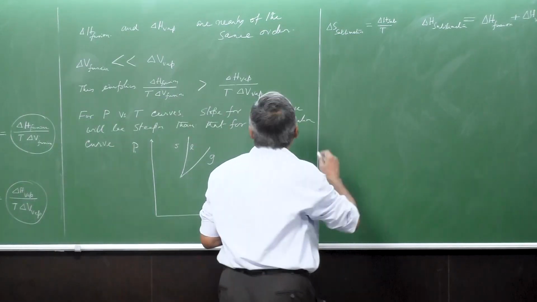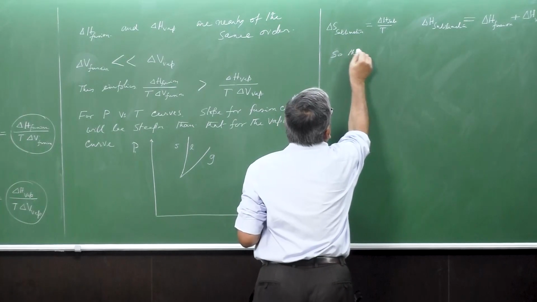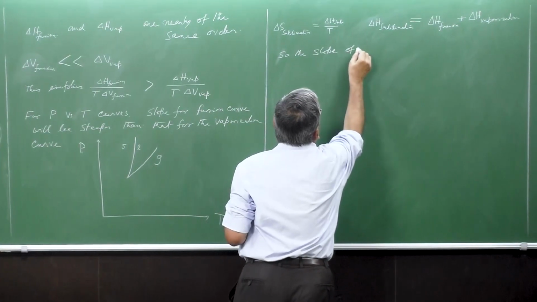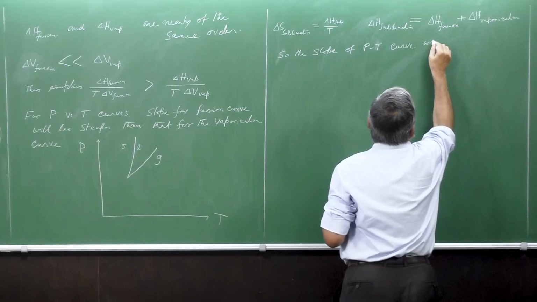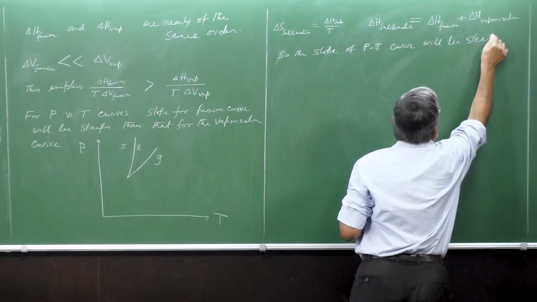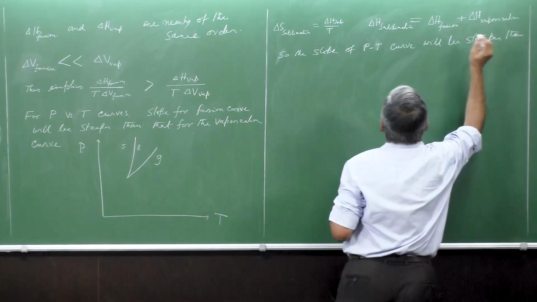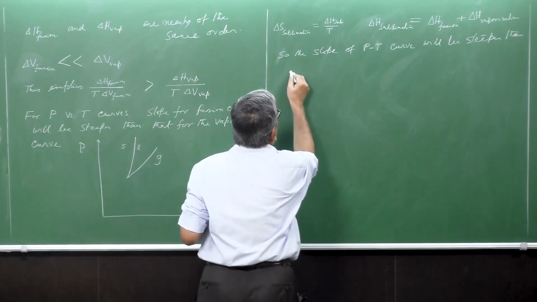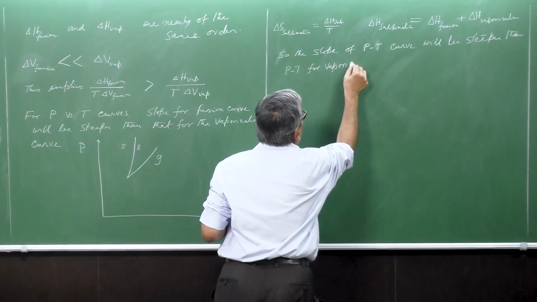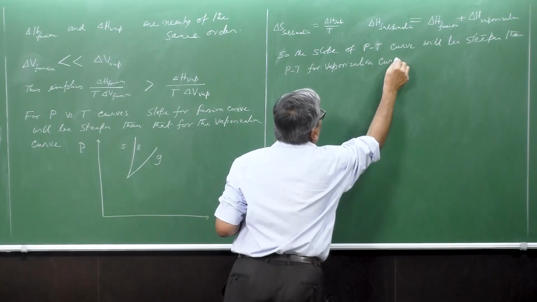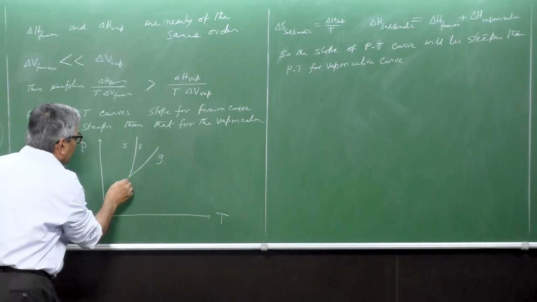So, this means that the slope of the PT curve will be steeper than for this one. So, therefore, I can draw a line here.